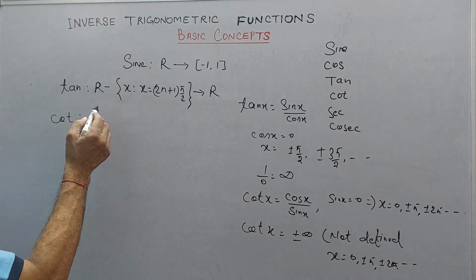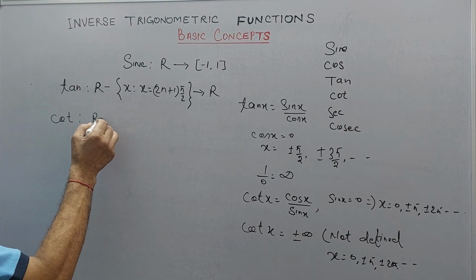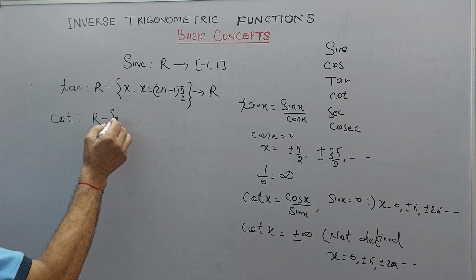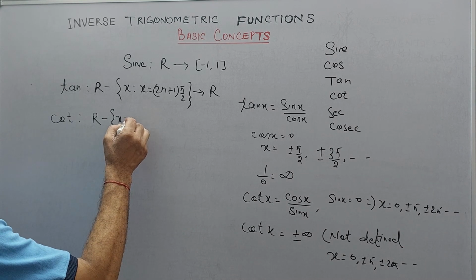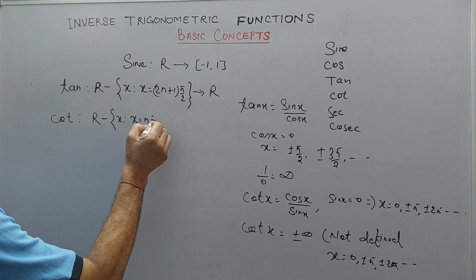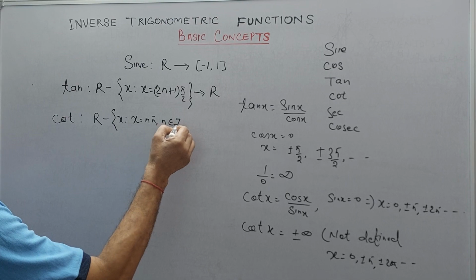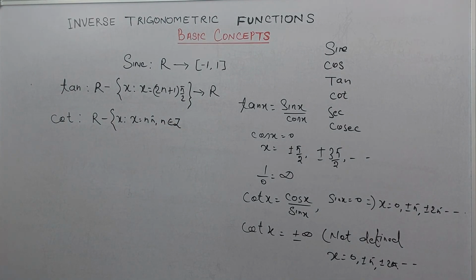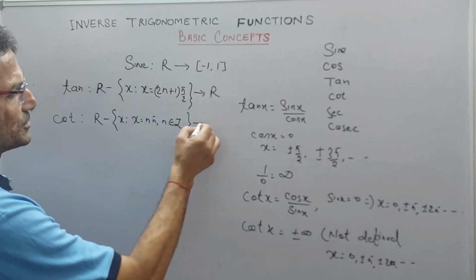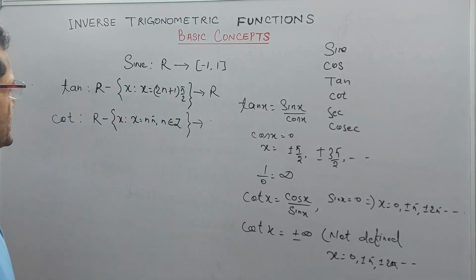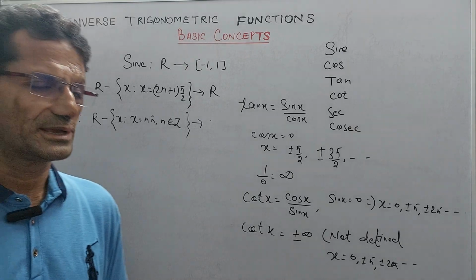So the domain of the cot function will be the set of real numbers minus these numbers. In set builder form, it is x such that x is not equal to n pi, where n belongs to the set of integers. The codomain is the set of real numbers, so cot has values from minus infinite to plus infinite.